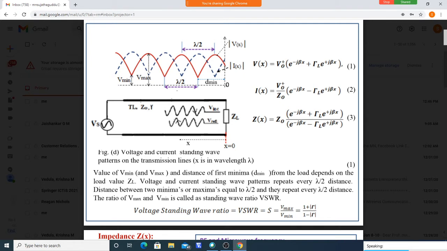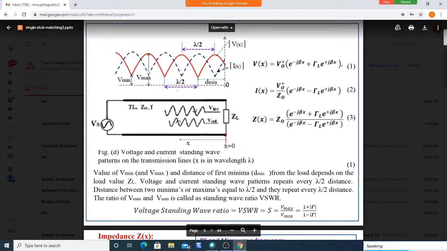Based on the type of the load, the voltage may be any value at the load position, and afterwards it changes. It may reach a maximum first, or it may take a minimum value first. So for this particular load, say the voltage is equal to this, and the voltage increases to a maximum first, then decreases to a minimum here.